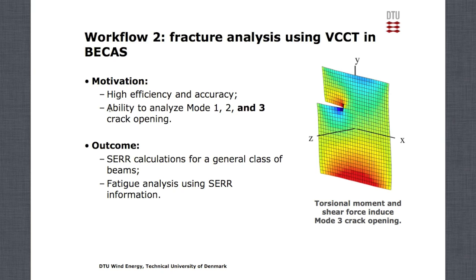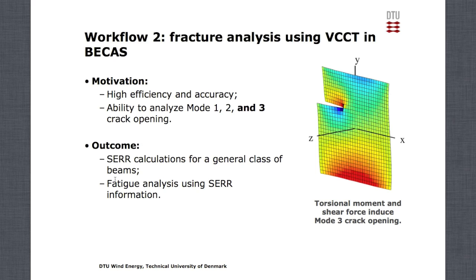Also, we would like to highlight that we are able to analyze mode 1, 2, and 3 crack openings. So although it's a 2D mesh that you see here of a cross section of a fractured beam, in fact each of the nodes has 3 degrees of freedom. So we are able to represent, as you see here, the mode 3 crack opening induced by a torsional moment in this case, which normal 2D models cannot.